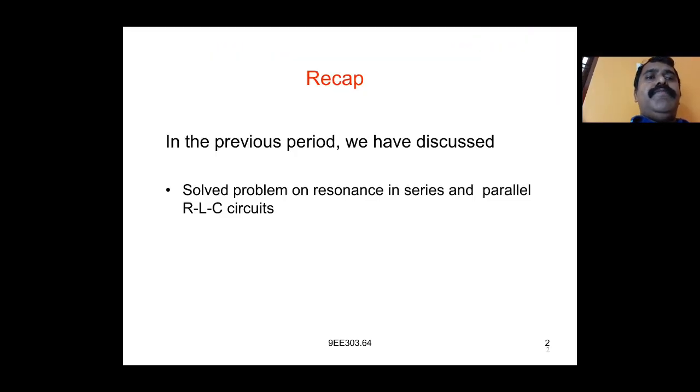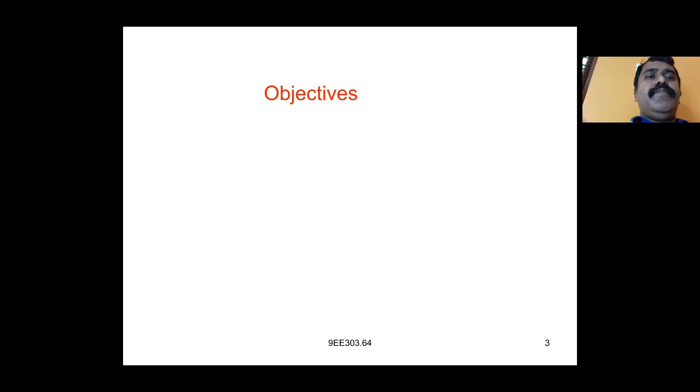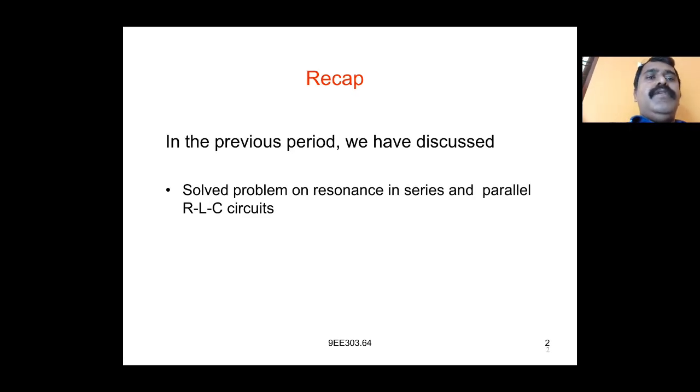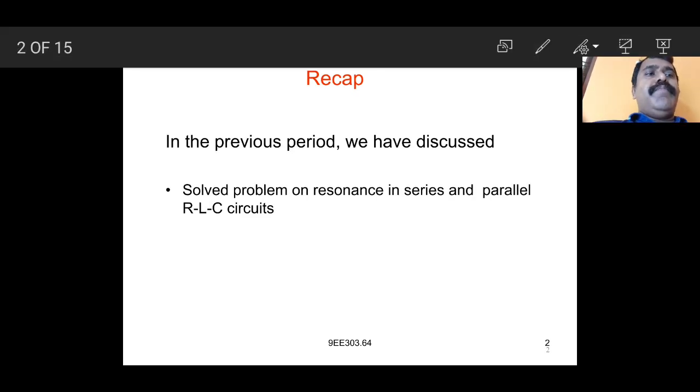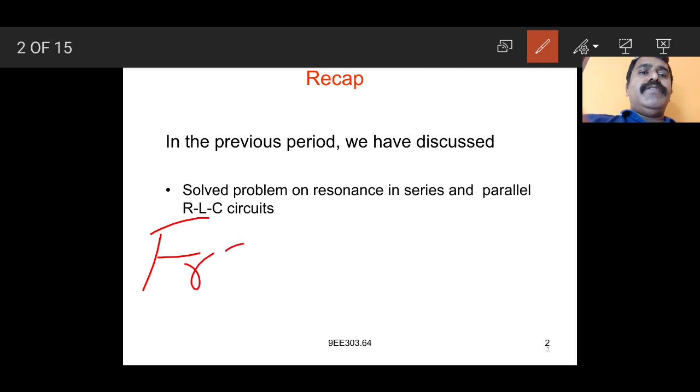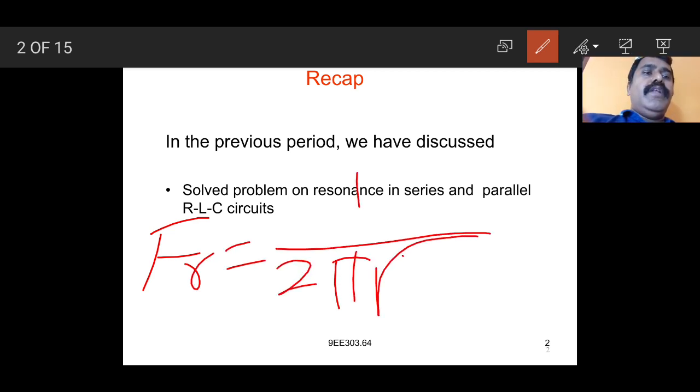In the previous period we discussed solving problems on resonance in series and parallel RLC circuits. Resonance in the case of series circuit has the resonant frequency FR equal to 1 by 2 pi under root LC, where L is the inductance and C is the capacitance.